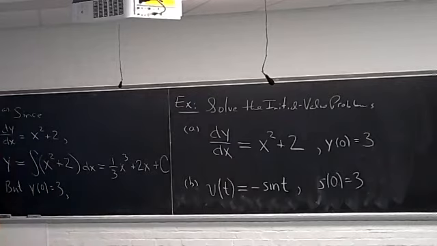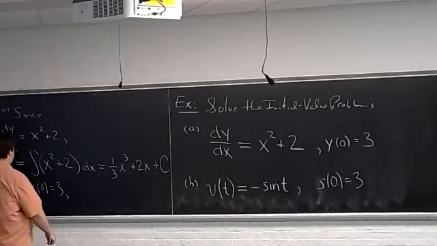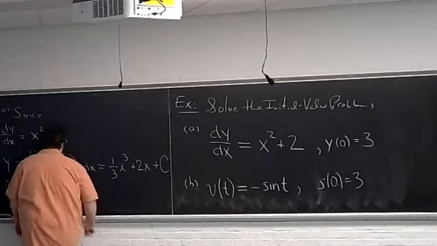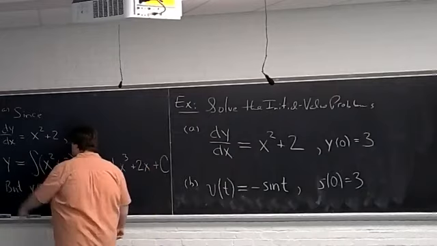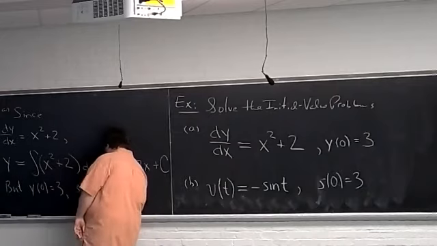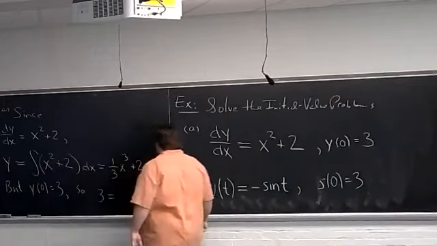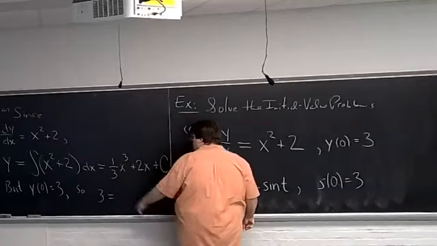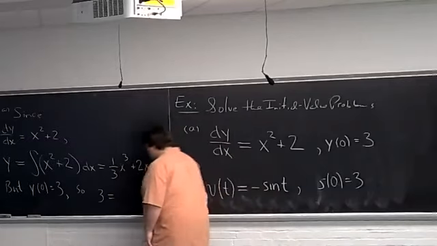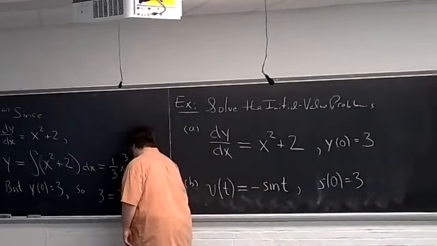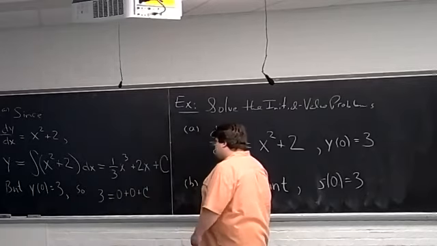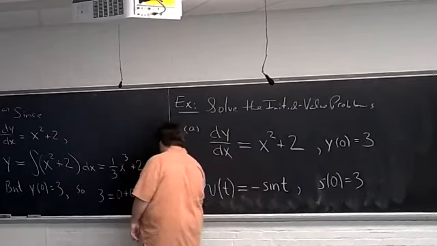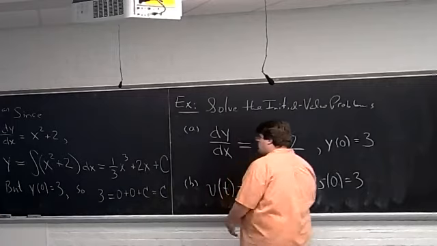Well, when x equals 0, y equals 3. So we get on the left side 3 equals, what happens on the right side when you let x equal 0? 0 plus 0 plus c. We need a specific c value. We have here c equals 3.